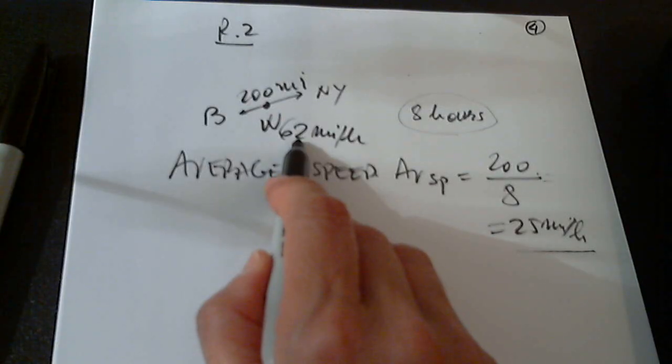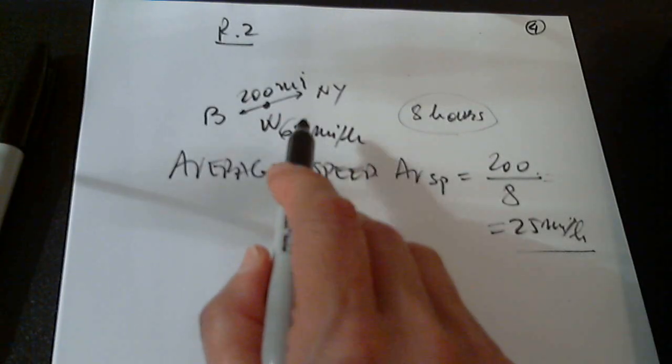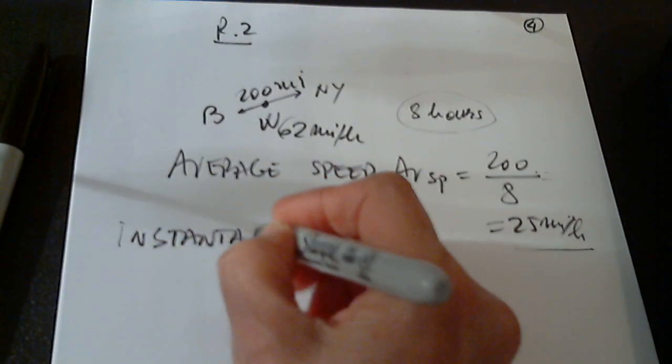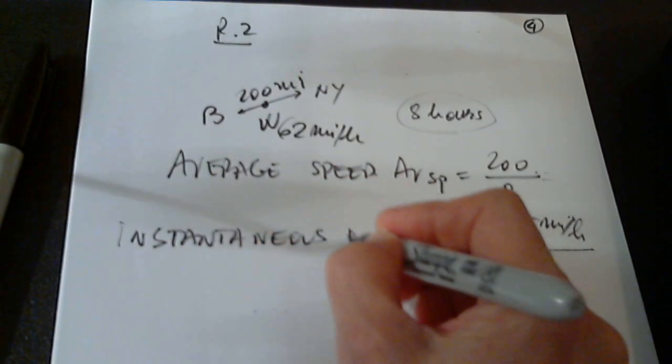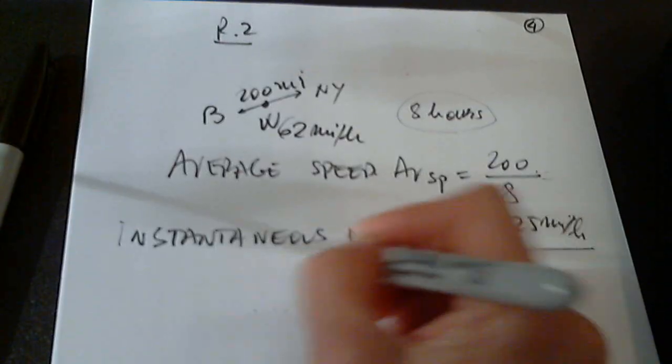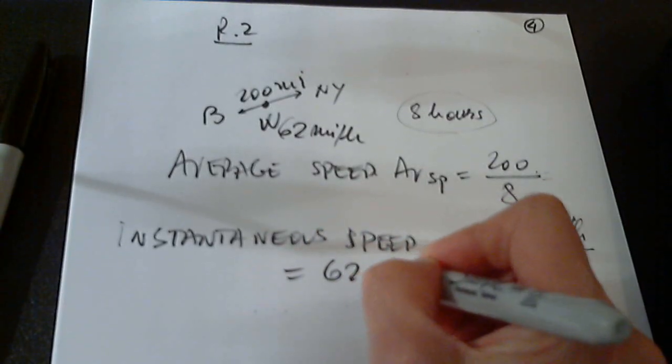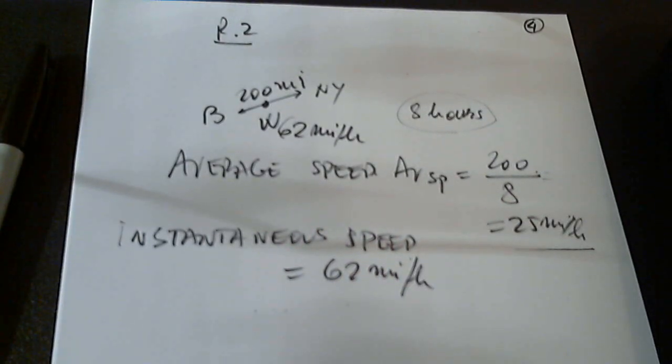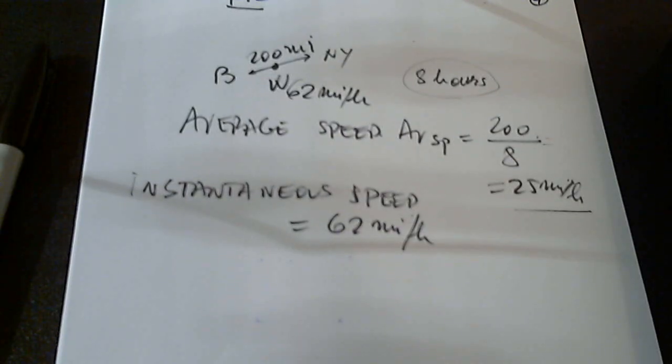This is what is called the instantaneous speed. It is 62 miles per hour. At that particular instant, when you called me, I looked down at the odometer and I said, right now, my speed is 62 miles an hour.